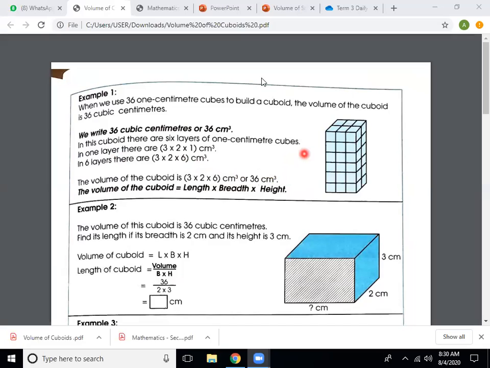Now I like to draw this little shape here, a triangle. And I'm drawing the triangle this way because this triangle helps people to remember the formula very well.